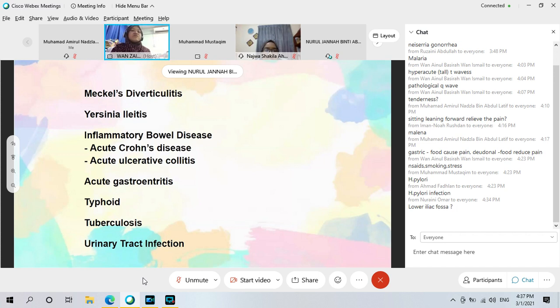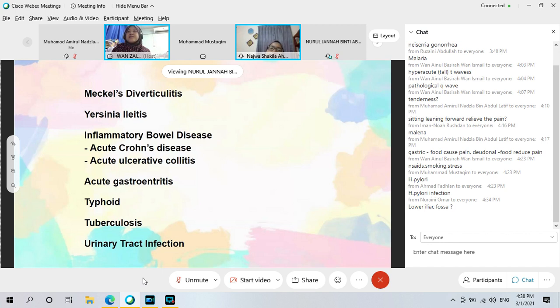What are the pathologies belonging to the small bowels? It could be intestinal obstruction, right? What else? IBD, as you mentioned. What else? Mesenteric lymphadenitis. Mesenteric ischemia.